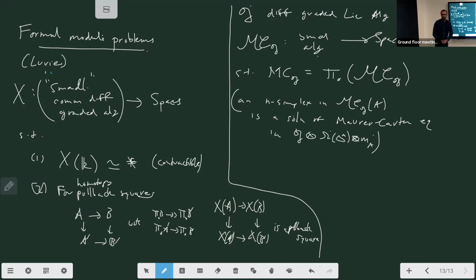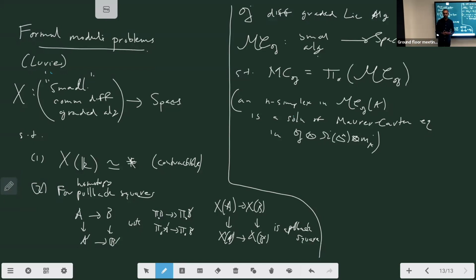Now here's the amazing thing. There was this philosophy, motivated by what I told you, that when you study deformations of associative algebras, Gerstenhaber and Schack did that in the 1960s, and they found this differential graded Lie algebra in the background. And similarly, when you study deformations of complex structures and holomorphic vector bundles, you find another differential graded Lie algebra. And also for deformations of complex structures on a manifold, again, you find a differential graded Lie algebra.